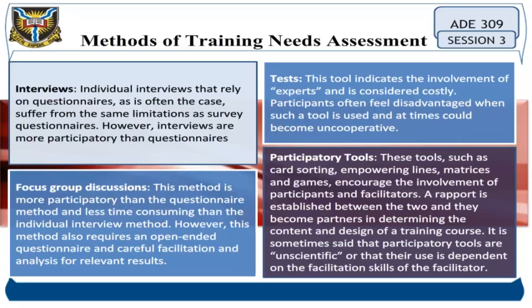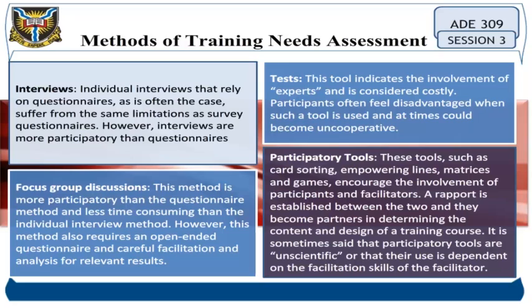5. Participatory tools. These tools, such as card sorting, empowering lines, matrices, and games, encourage the involvement of participants and facilitators. A rapport is established between the two and they become partners in determining the content and design of a training course.